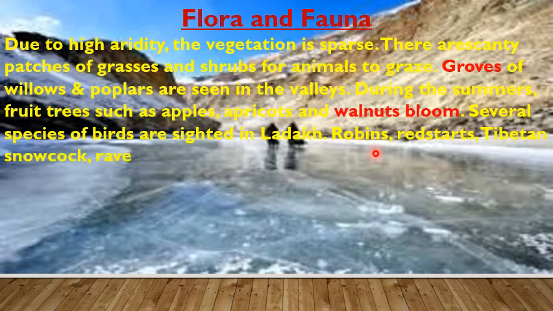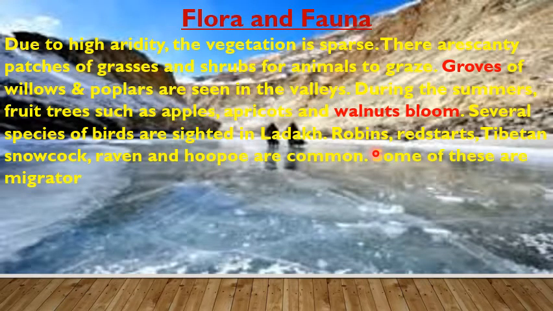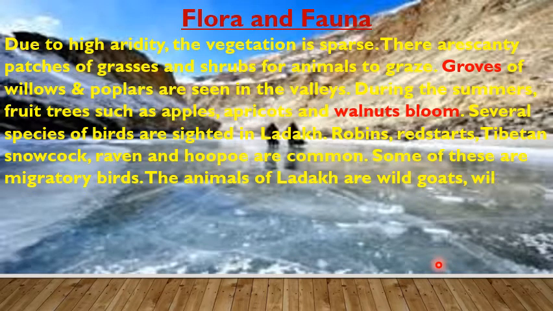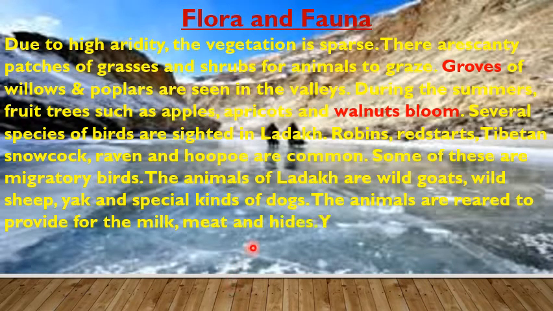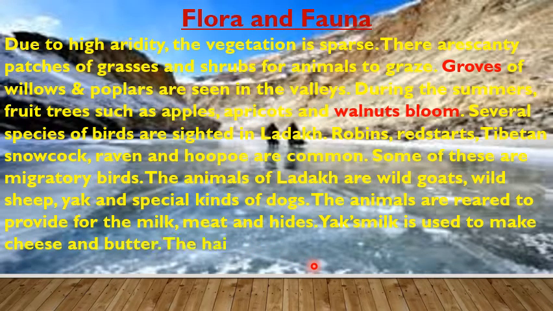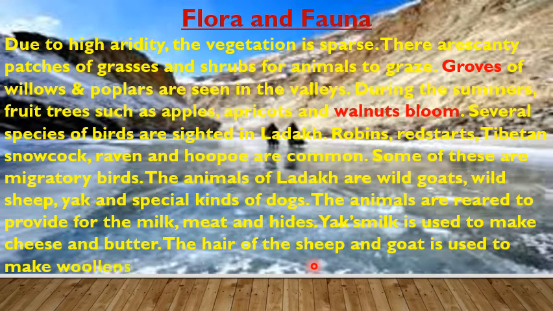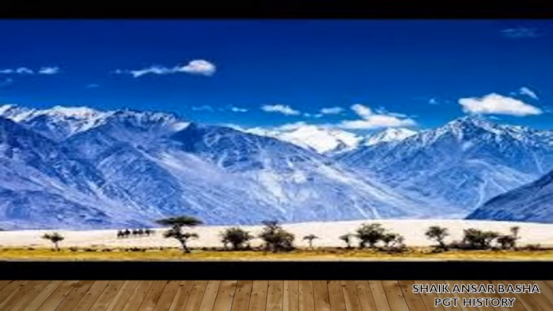Robins, red storks, Tibetan snowcock, raven, and hoopoe are common. Some of these are migratory birds. The animals of Ladakh are wild goats, wild sheep, yak, and special kinds of dogs. The animals are reared to provide milk, meat, and hides. Yak milk is used to make cheese and butter. The hair of the sheep and goat is used to make woolen cloths. That way it is very, very famous.